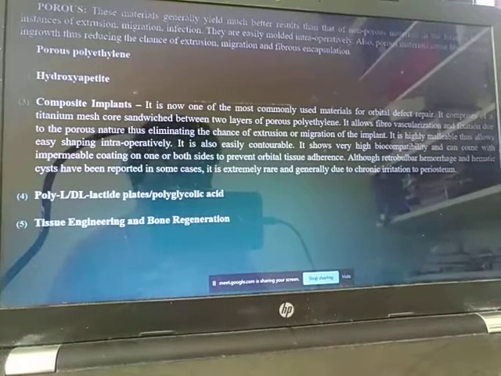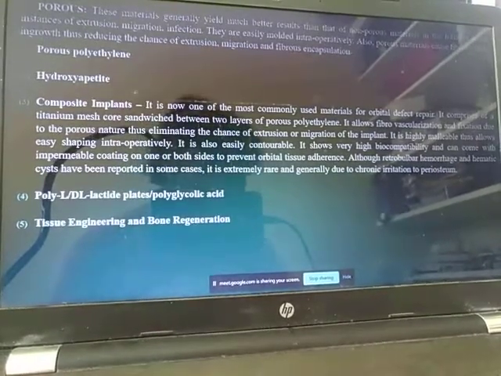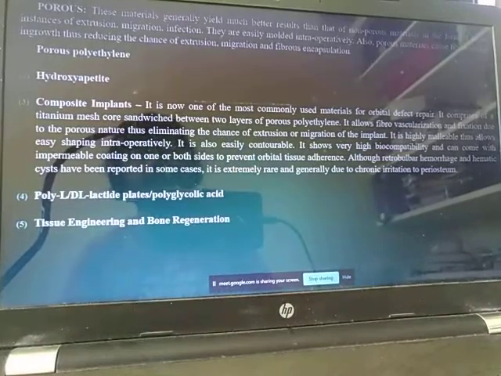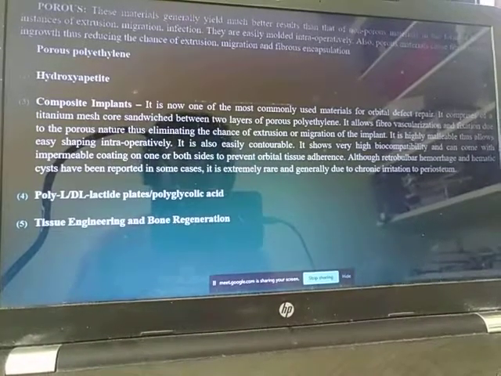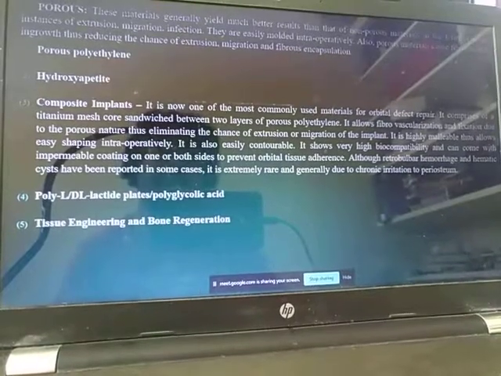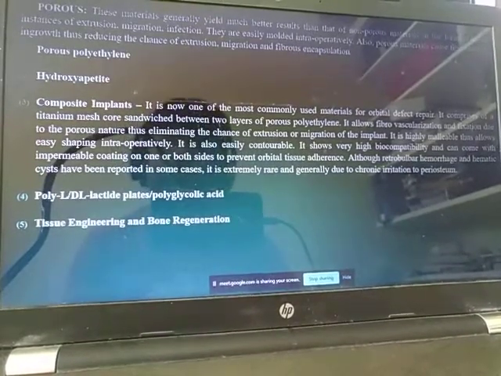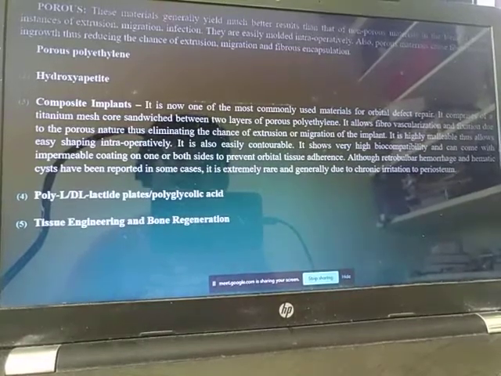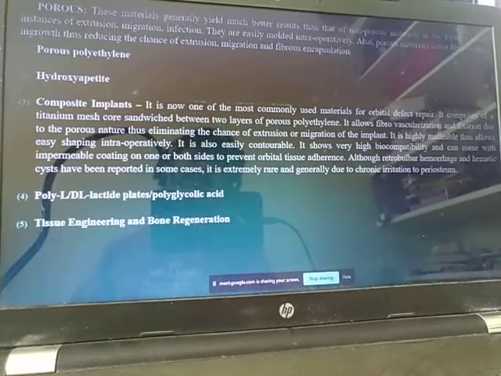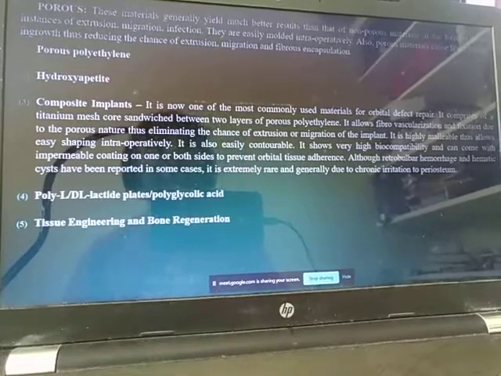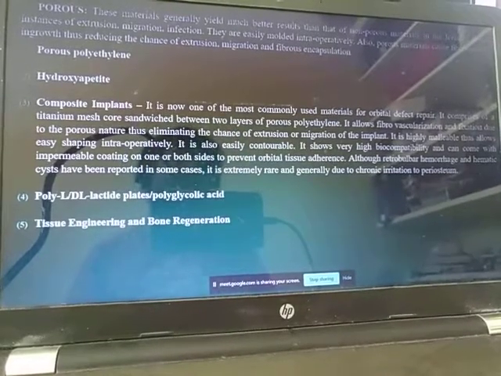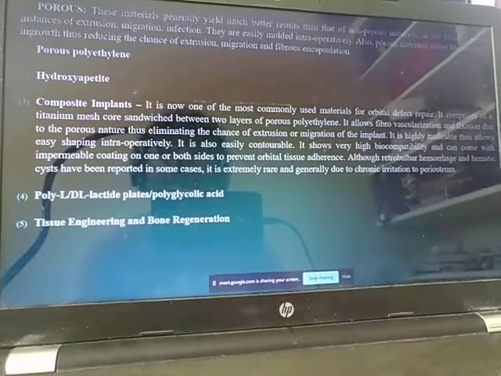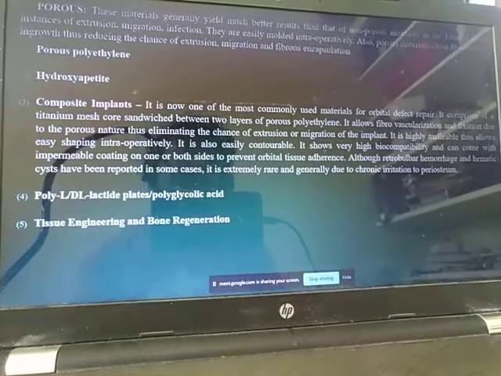Because even if a material is biocompatible, the body will treat it as a kind of foreign material and cause an encapsulation around it if it is not porous in nature. The blood vessels cannot go through it, so they will go around it and cause an encapsulation. But in the case of porous materials, the blood vessels and nerves can travel through the porous material, and thus there is no encapsulation.